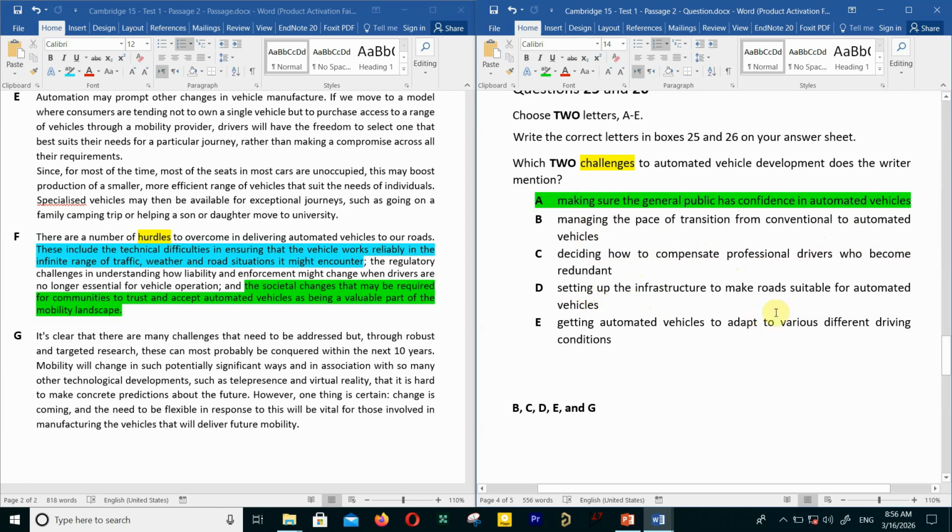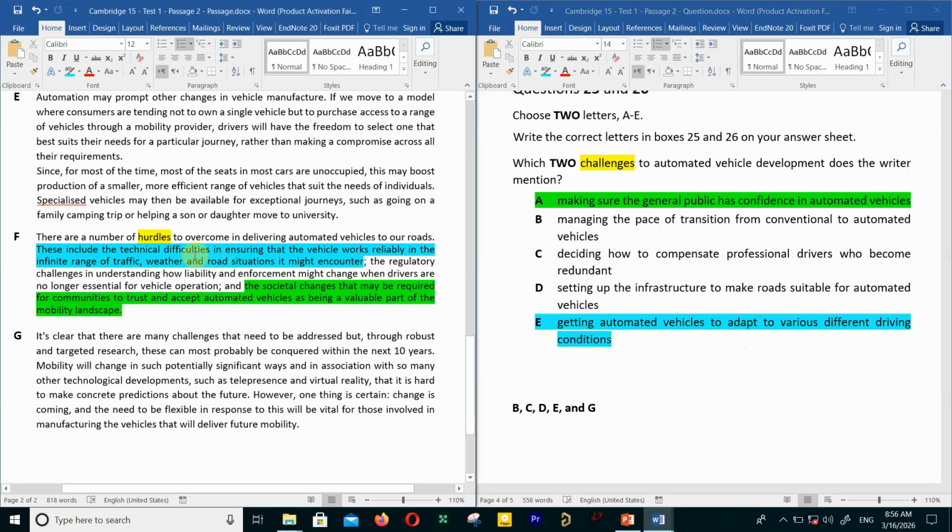Setting up the infrastructure to make roads suitable for automated vehicles, no. Getting automated vehicles to adapt to various different driving conditions, as it mentioned in here: technical difficulties in ensuring that the vehicle works reliably in the infinite range of traffic, weather and road situations. So A and E are the right answers for this question type.